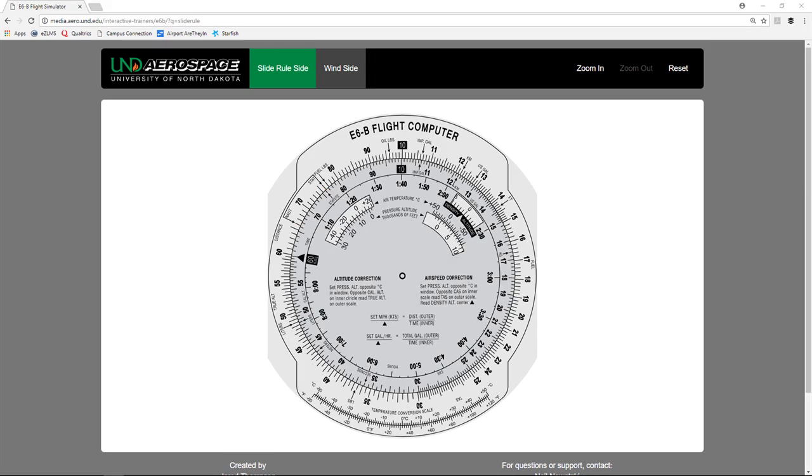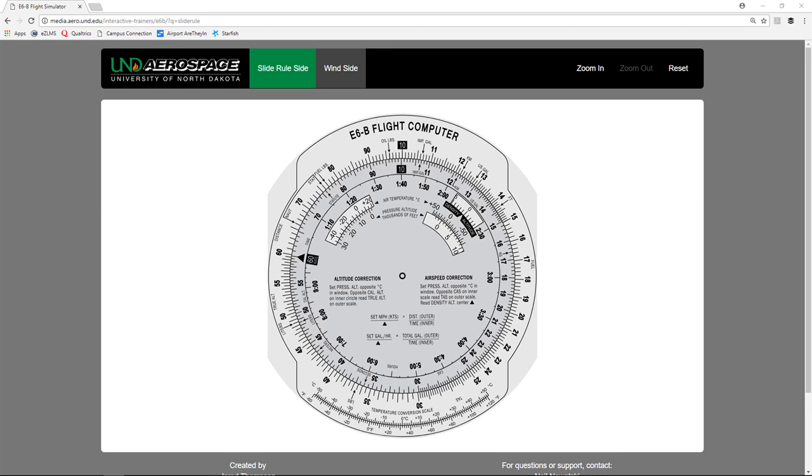Now you can also use the E6B to convert from statute and nautical miles, which are what we would consider imperial units of measurement, to the metric system. So if we wanted to convert between, let's say, miles and kilometers, we could do that.